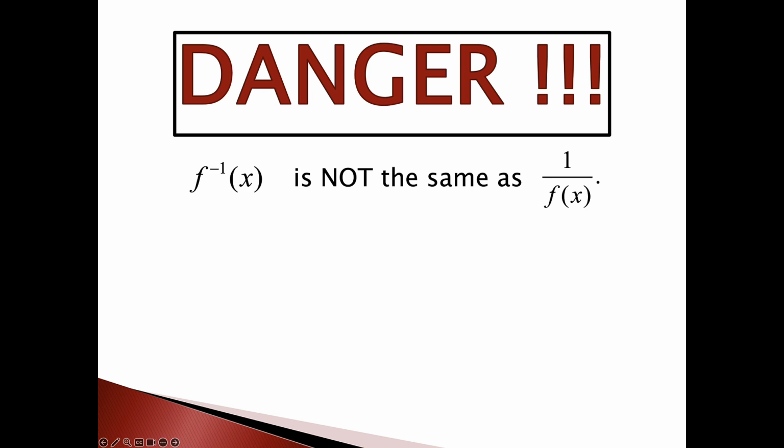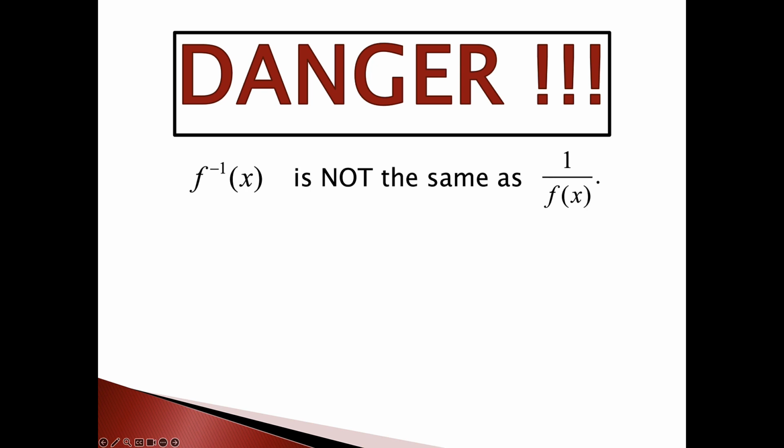When you see, say, x with a little -1, that really means 1 over x. That's not what we mean here when we write the little -1 as kind of an exponent almost. It's not really an exponent, it's part of the notation for a function.